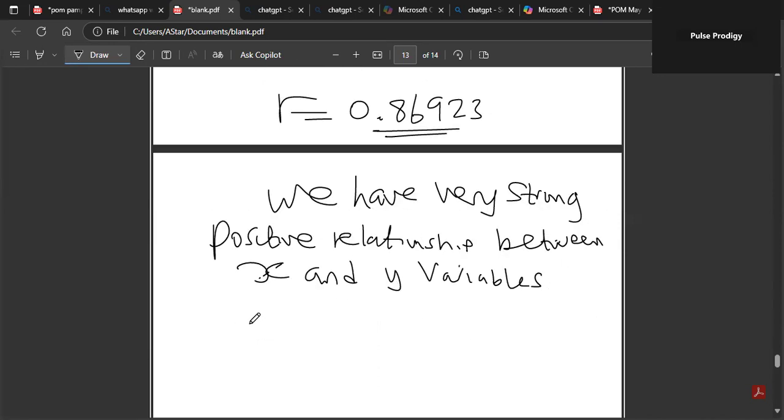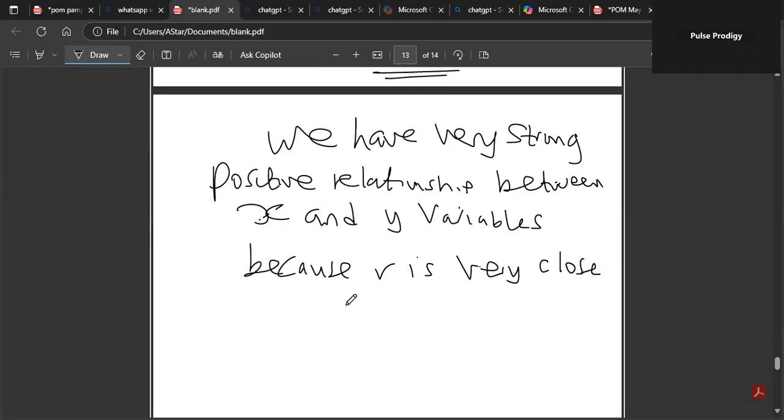How do we know? Because the R is very close to what? To 1. Is that okay? Are we together? Yes.